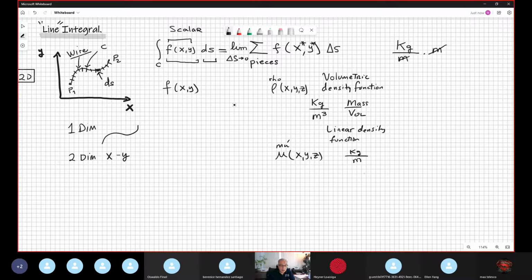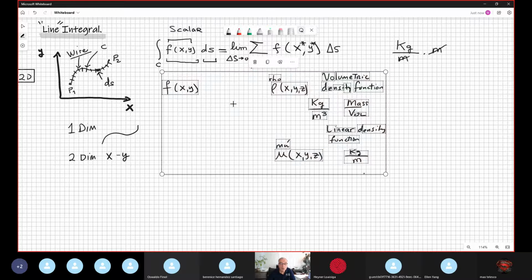So one interpretation of the line integral is a mass. The mass of what? Of the wire, of the cable. It's not necessarily a straight line, it's a curvy bar, and you compute the mass. This is under the supposition that f of x is a linear density function.